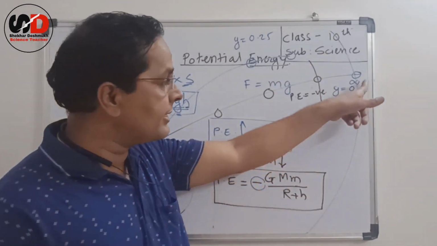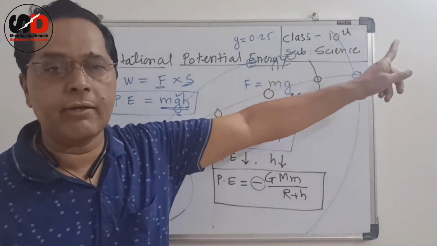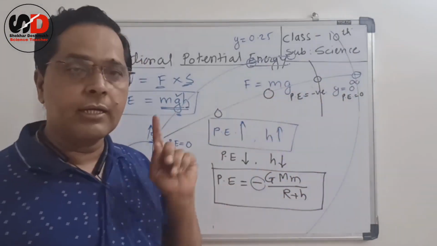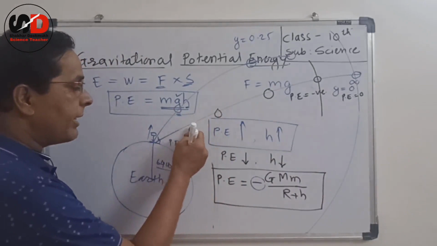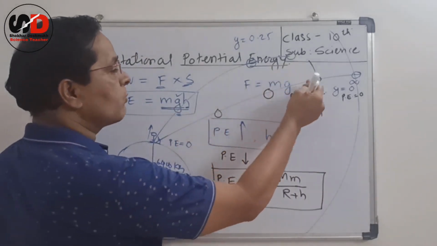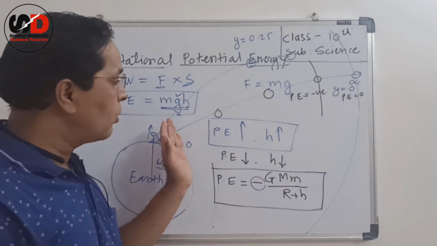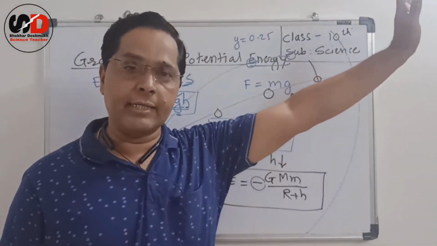For any distance less than infinity, because we know the potential energy is 0 at infinite distance, any distance which is less than infinity must be negative. Like here minus 3, minus 2, minus 1, 0, like this. The potential energy goes on increasing and it becomes 0 at infinite distance.